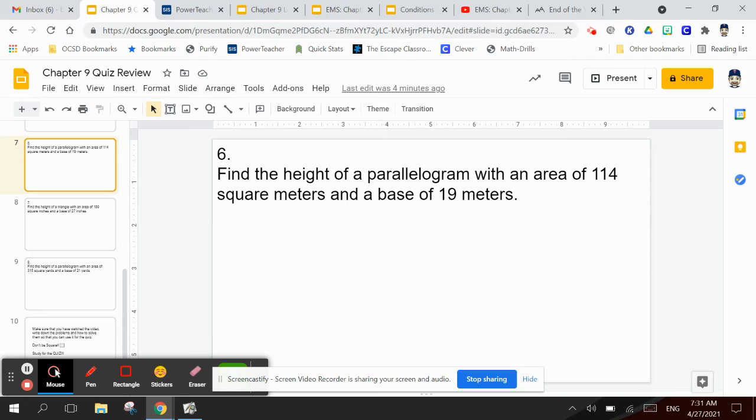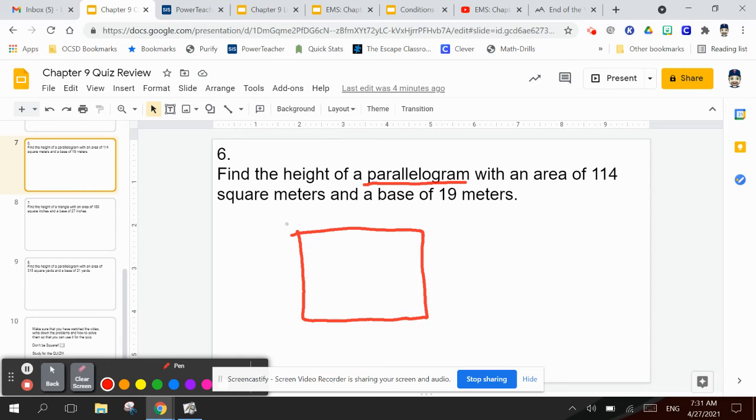So here we have to find the height of a parallelogram with an area of 114 square meters and the base is 19. So it's a parallelogram, so I'm going to draw a square or a rectangle, whichever one you'd like. It doesn't have to be perfect.